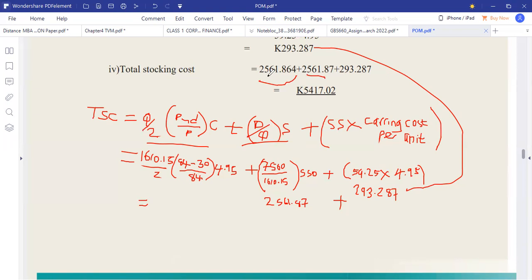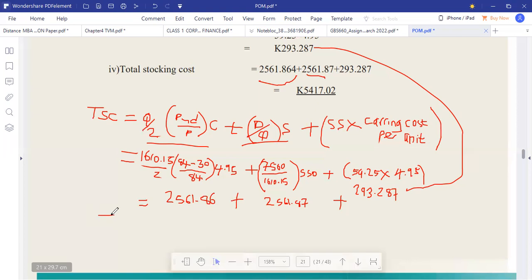So we are getting again 2561 point, this one maybe 86. Here we should get almost the same answer.